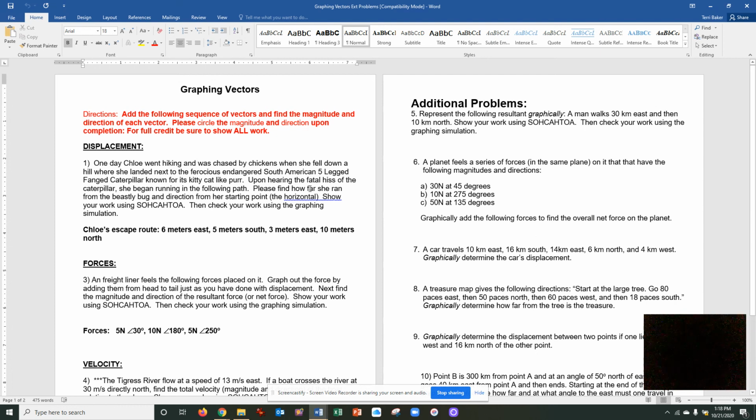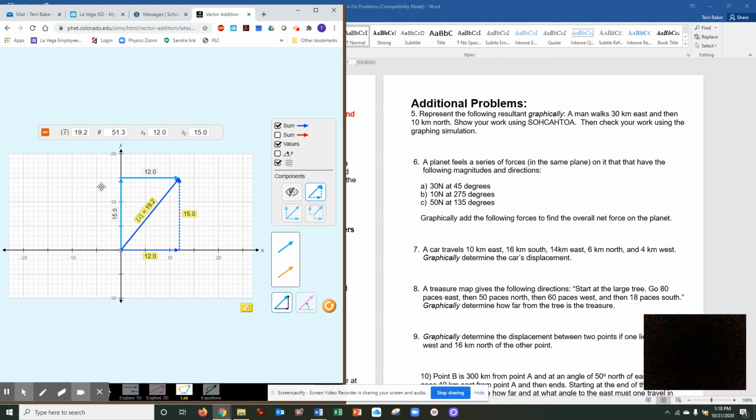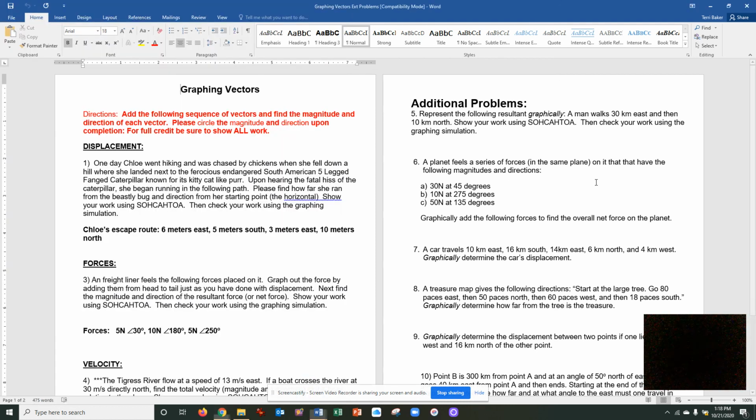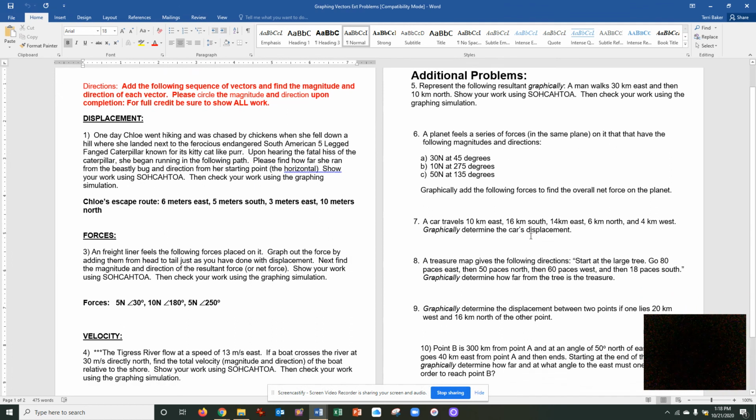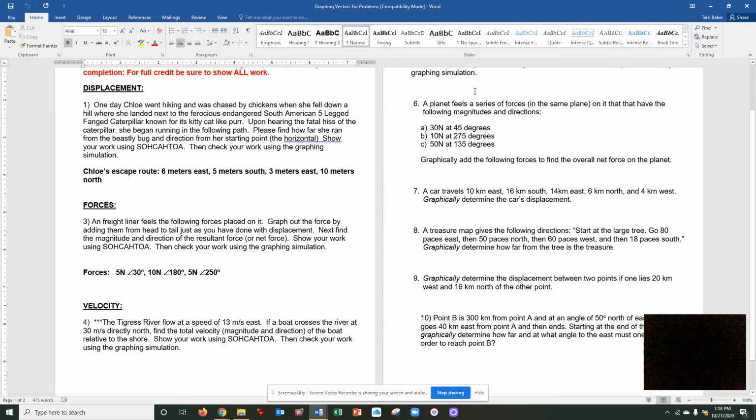Use the PhET lab, use this to check your answers. On some of these, the numbers are going to be too great, but it still gives you an idea. So these are not as laid out, but it's the exact same thing.